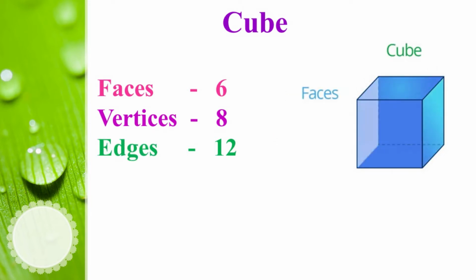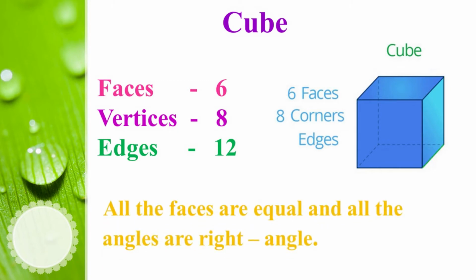Look at the figure and count the faces. Faces are 6. Vertices, look at the red mark. They are the vertices. 8 vertices are there. Edges, these are the edges. So total number of edges is 12. All the faces are equal and all the angles are right angles in the 3D shape cube.